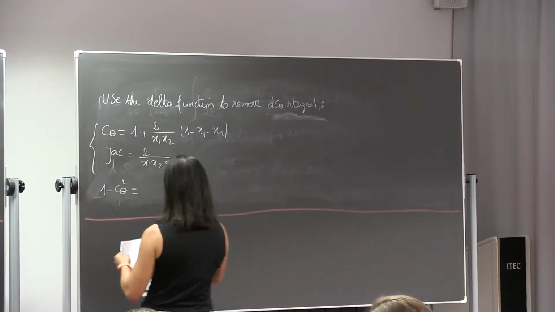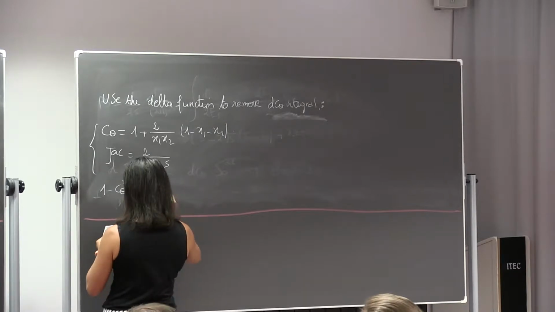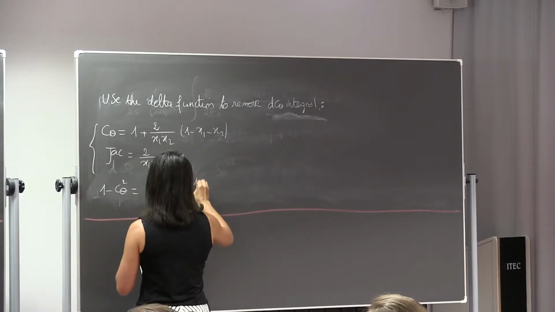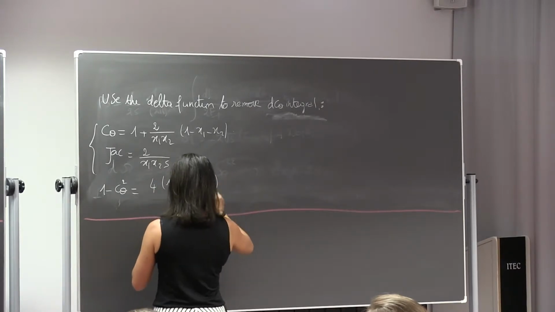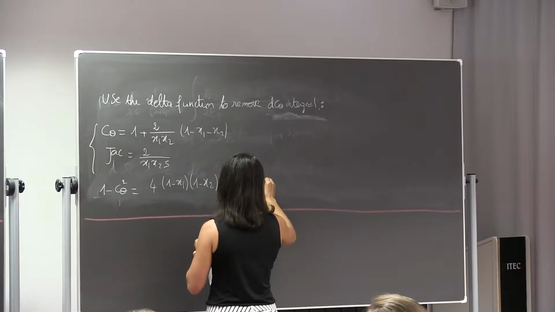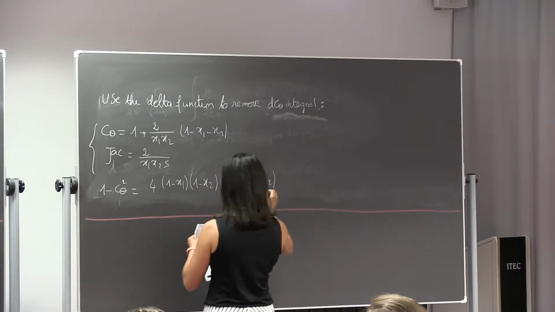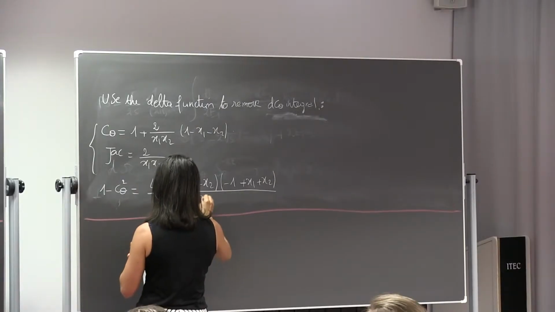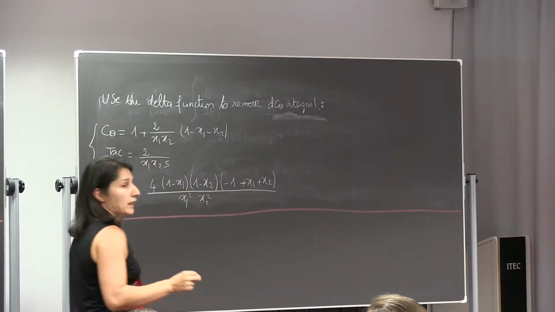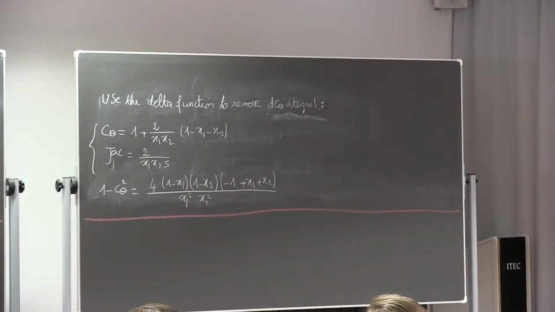So you will get 1 minus cos theta squared is 4 times 1 minus x1, 1 minus x2, minus 1 plus x1 plus x2, divided by x1 squared x2 squared. And now I will introduce a new label, x3, which is connected to x1 and x2.